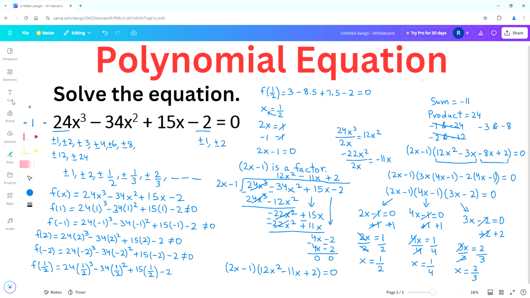The third solution is x equals 2 over 3. So this equation has 3 solutions. So these are the steps you have to keep in mind to solve a problem like this one.